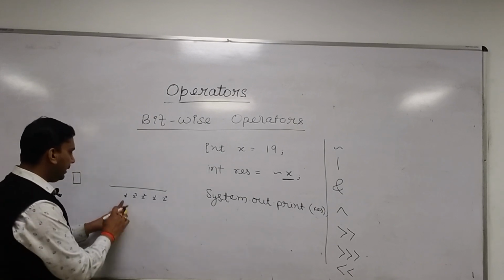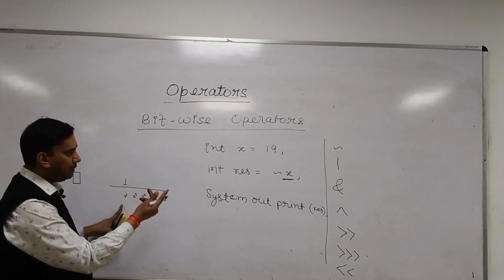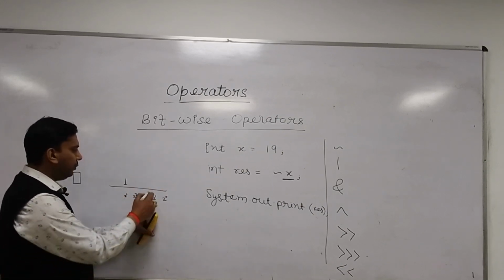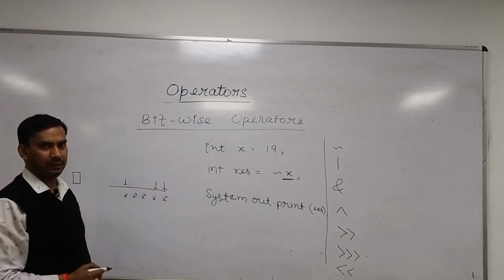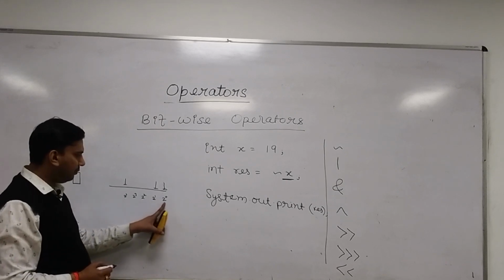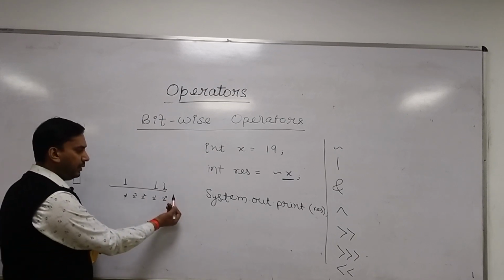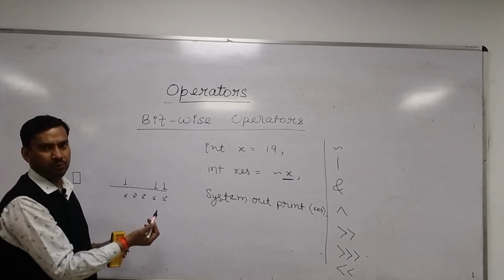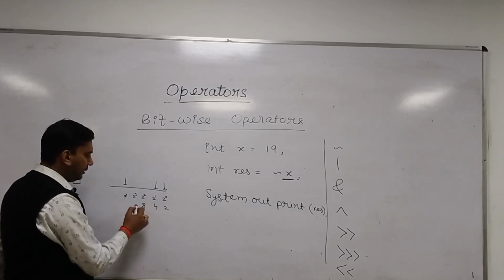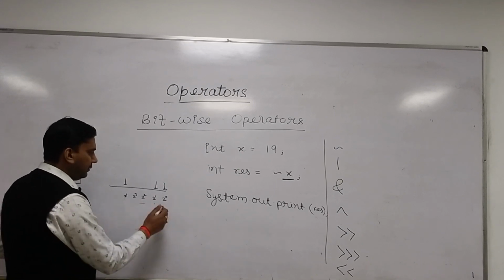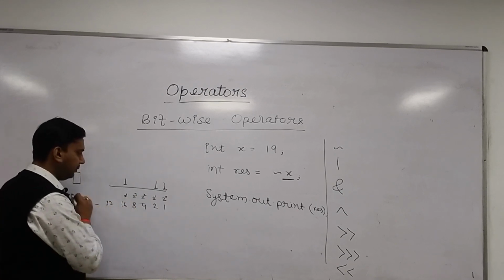So for 19, first you identify 1, 2, 4, 8, 16, 32 and so on; from right to left the place value is multiplied by 2 in binary.